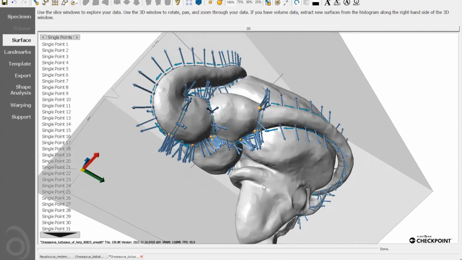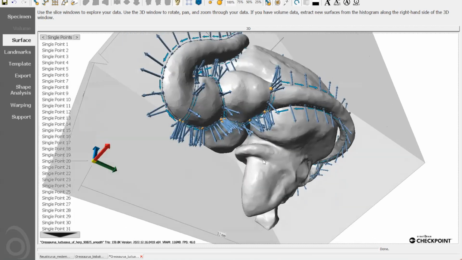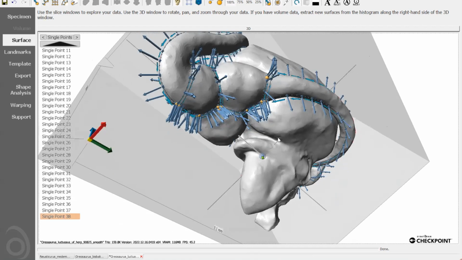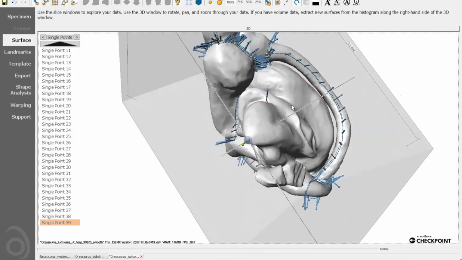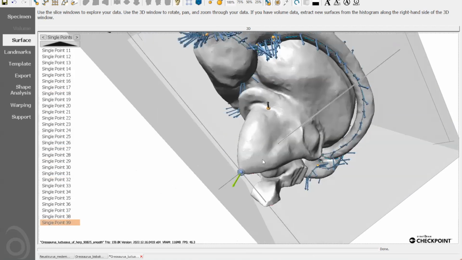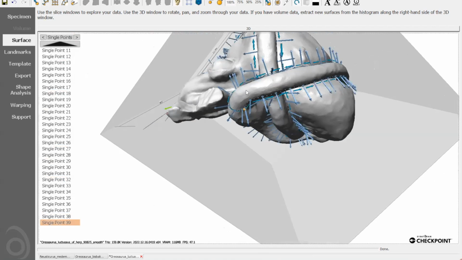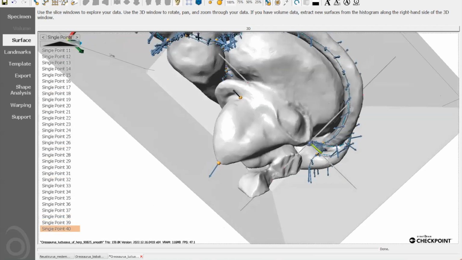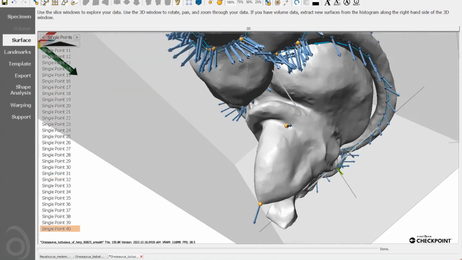So I place the landmark here. And my next one is here, that is the tip of this process. Another one I use here. After that, I connect those points using curves.